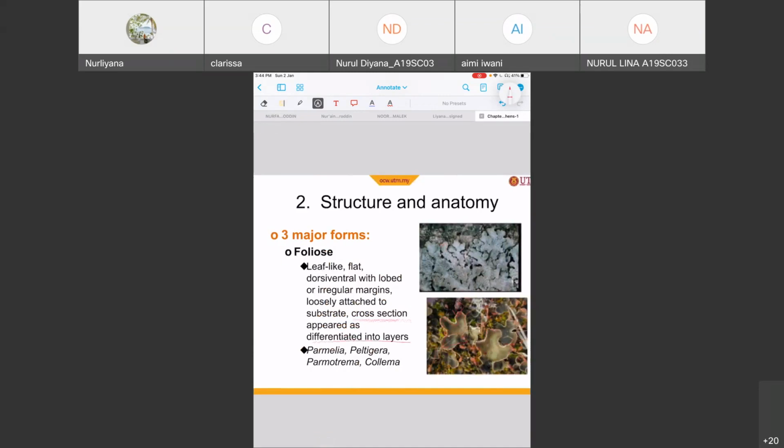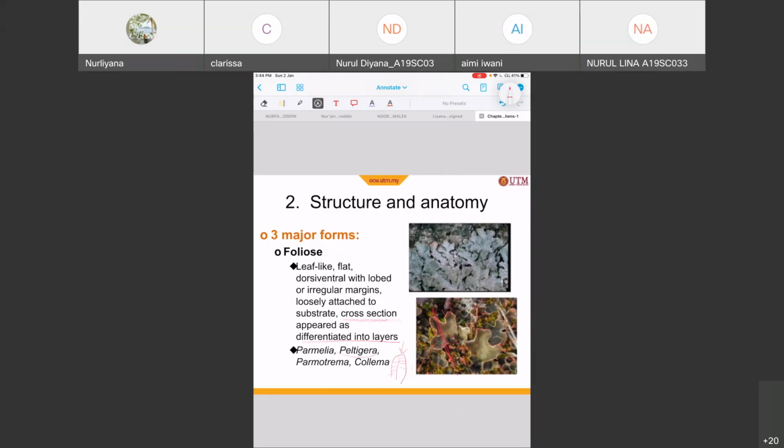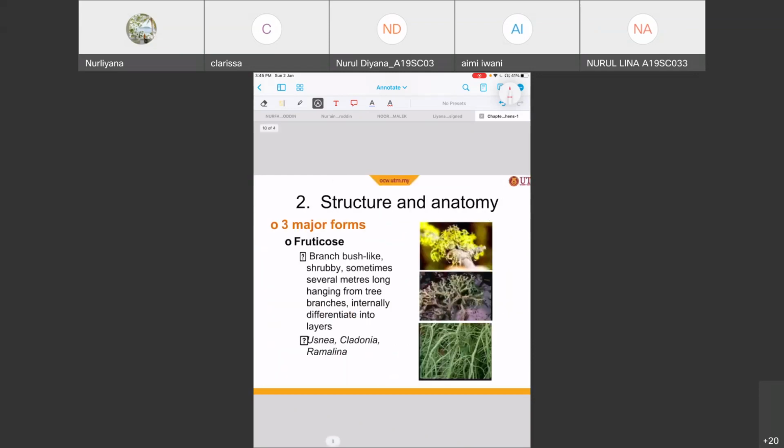So when you take a sample and cut it into a cross section, when you open it, inside it can show that it actually comes in several layers. Examples of foliose are Parmelia, Peltigera, Parmotrema, and Collema. Peltigera is the most common. When people give an example, they always refer to Peltigera species.